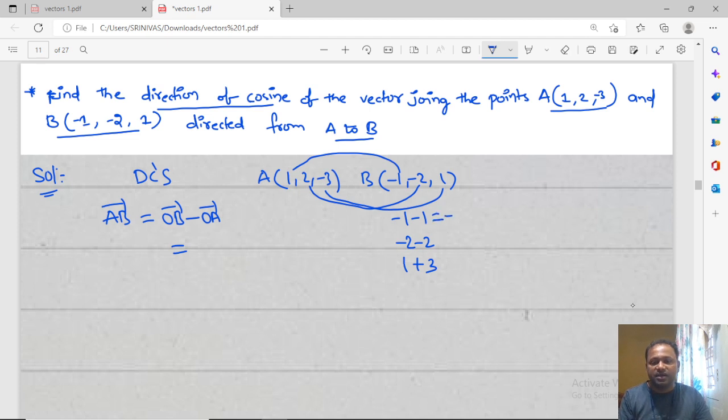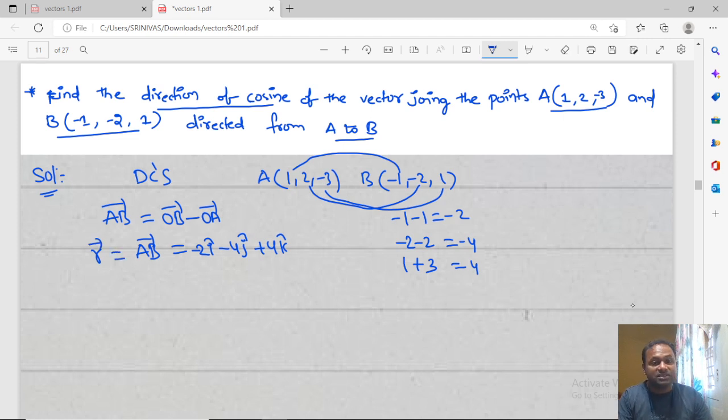So we get -2, -4, 4. What will be the answer? -2i cap minus 4j cap plus 4k cap. So this is AB bar, or I can take it as R bar.